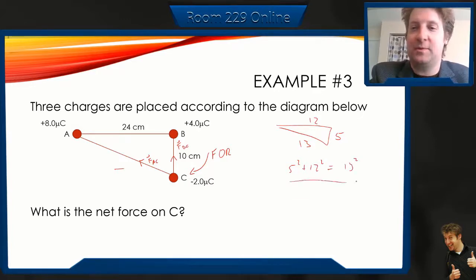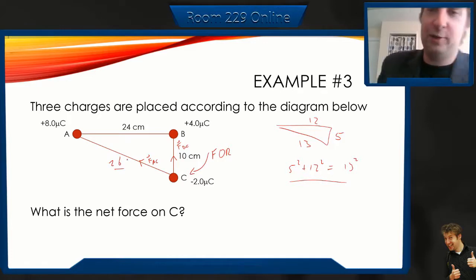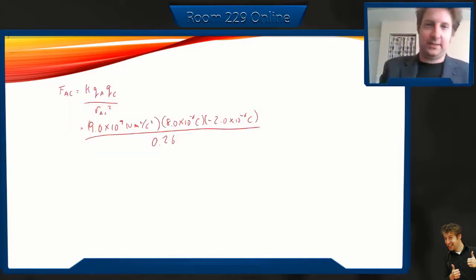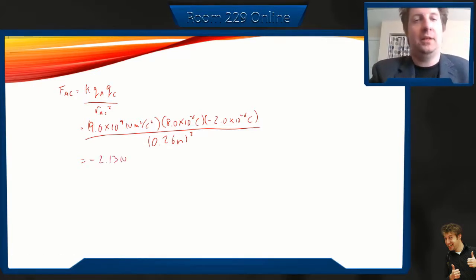Okay, that's one of these Pythagorean triples. 3, 4, 5, 5, 12, 13. You should probably remember this. Okay, so using that, multiplying it by 2, we get that that's 26. We're dividing by 0.26 meters squared, which gives us a force of negative 2.13 newtons.